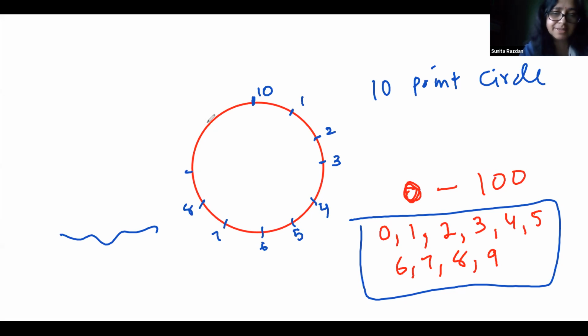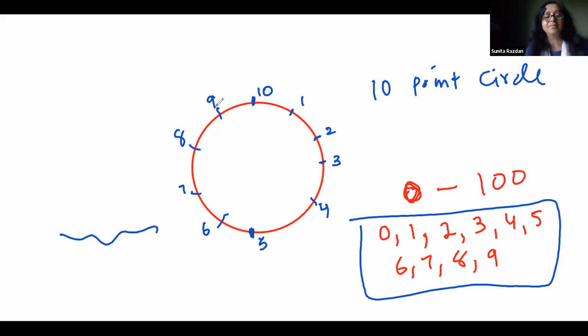Oh, I messed up. 5 should be in the middle. 5, 6, 7, 8, and 9. So this is 10.